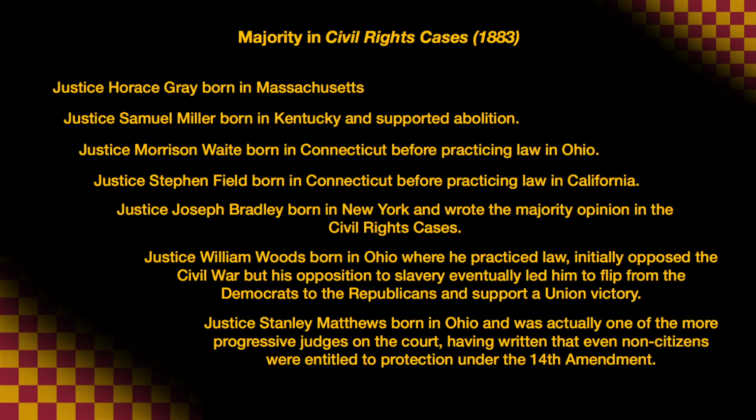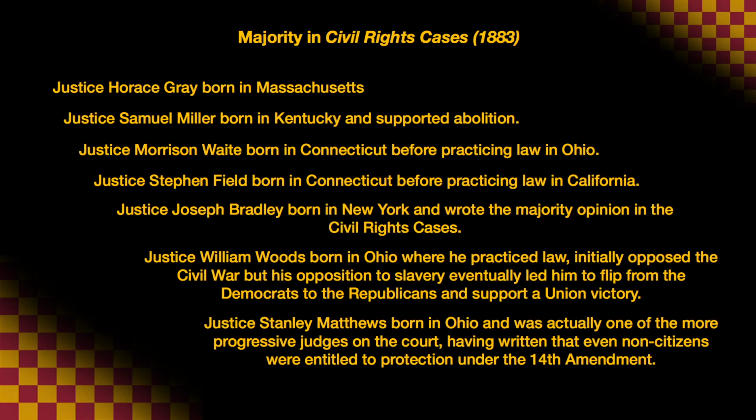So in this case, we have a justice from Massachusetts, one from Kentucky who was an abolitionist, one from Connecticut, practiced law in Ohio, another from Connecticut, practiced law in California, one from New York, one from Ohio, another from Ohio who was actually well known as a fairly progressive judge and who had even extended 14th Amendment protections to non-U.S. citizens.